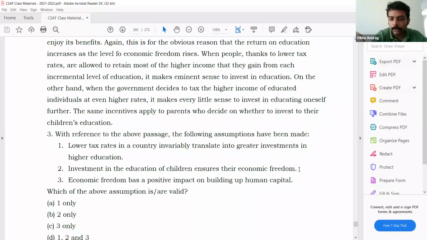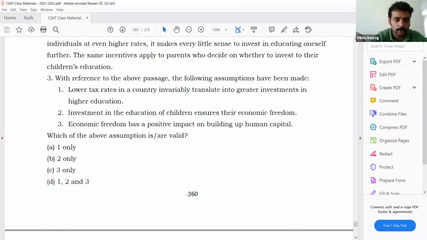When economic freedom is already present, then people tend to invest more, and that too, it's not for sure. Got it? 2 is the exact opposite. So only the third statement is a valid assumption made by the author. So your answer becomes C, 3 only. Any other doubts with this, or is it fine? Got it? Any other doubts?